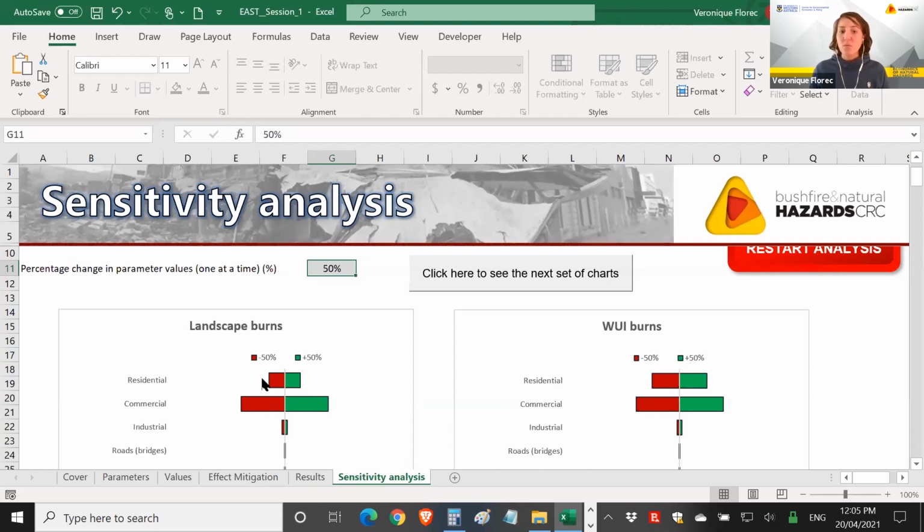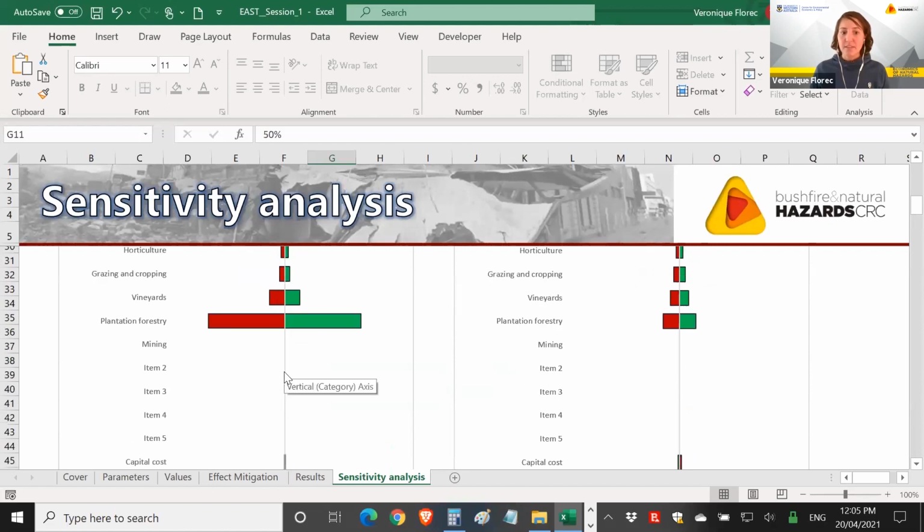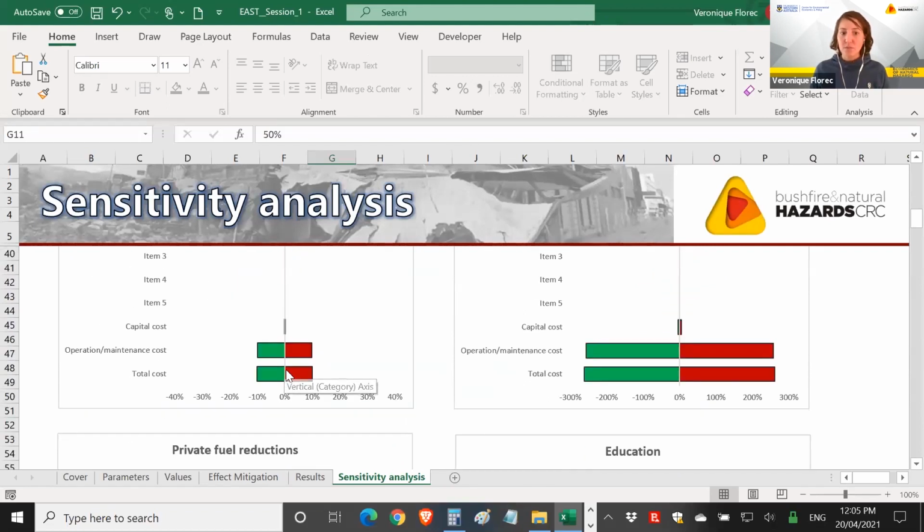And what I want to see in this graph is, look at the scale at the bottom. It goes from 0, the middle line, to minus 40% all the way to plus 40%.